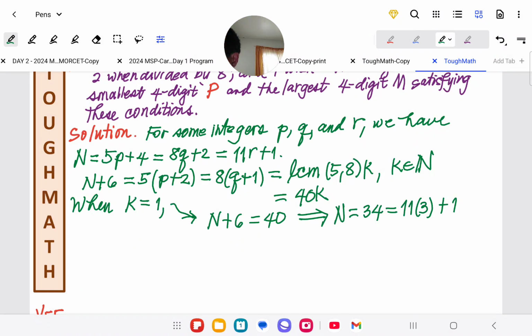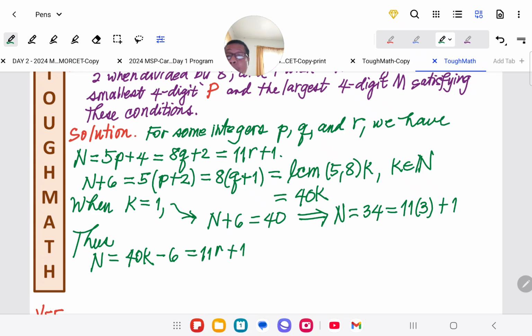Now, thus, n, which is equal to 40k minus 6, is equal to 11r plus 1. So now we are including the last expression for n, which is 11r plus 1.